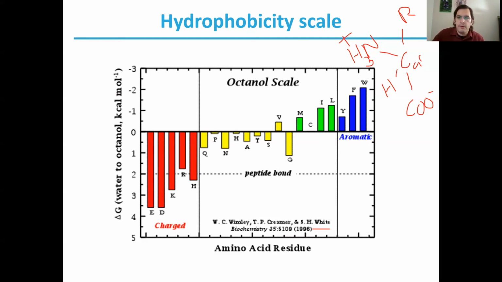What they did is they were looking at whether the amino acid would prefer to go into a more nonpolar solvent, so this is octanol, versus a more polar solvent of water. So our free energy over here on the y-axis would be negative if it prefers the more nonpolar solvent, or positive if it prefers the more polar solvent.